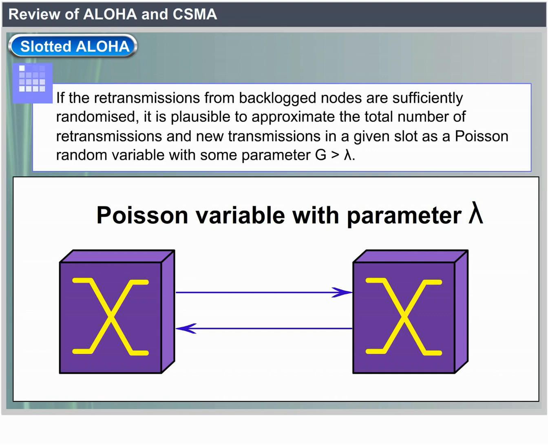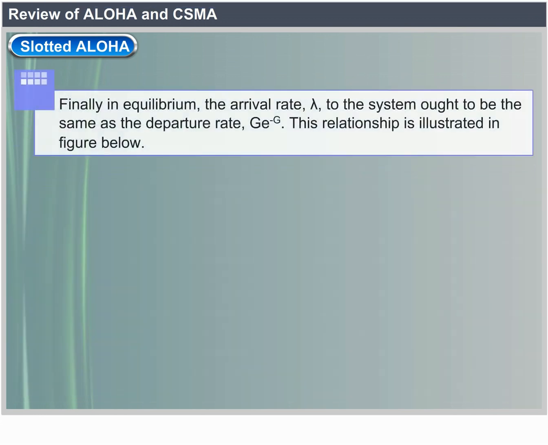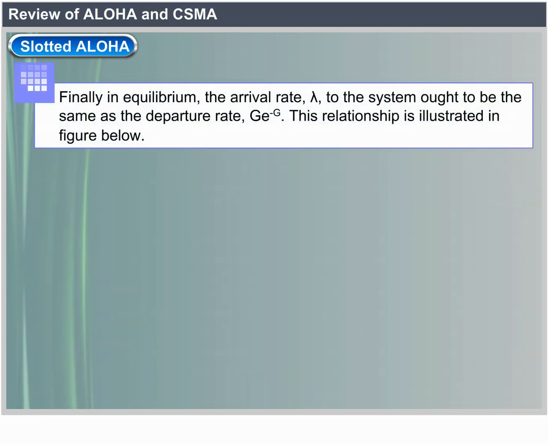With this approximation, the probability of a successful transmission in a slot is g e^(-g). Finally, in equilibrium, the arrival rate lambda to the system should be the same as the departure rate g e^(-g).